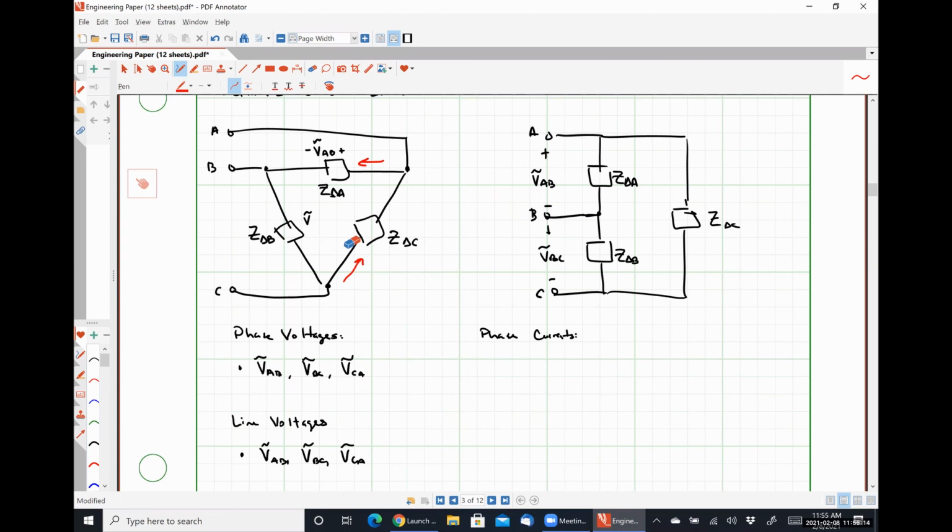Sorry about that. Let me fix that. This should be positive here, VBC negative there. And so our current goes this way. So here's IBC, IAB, and ICA.